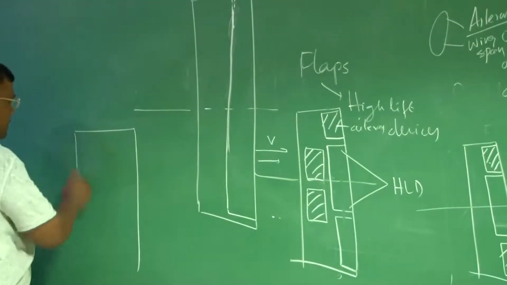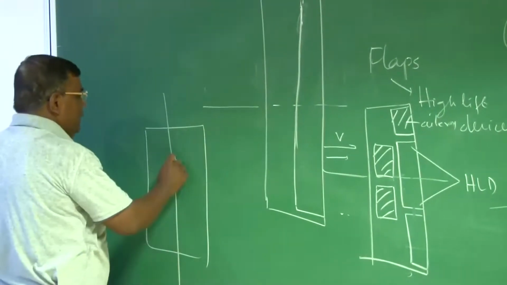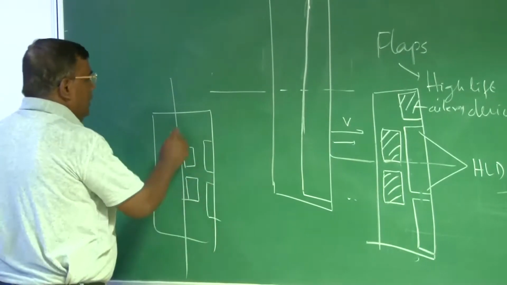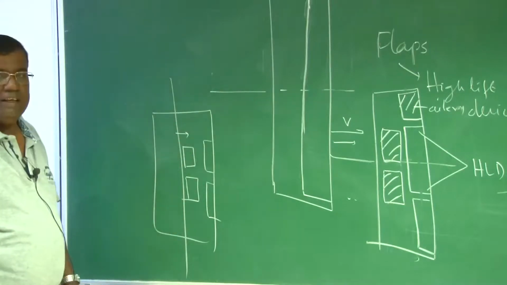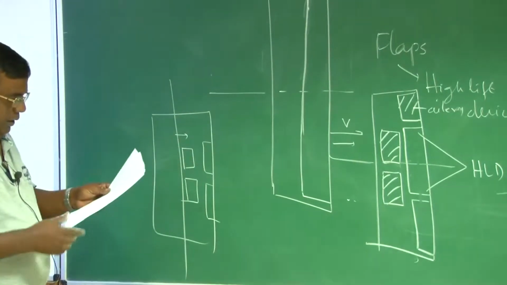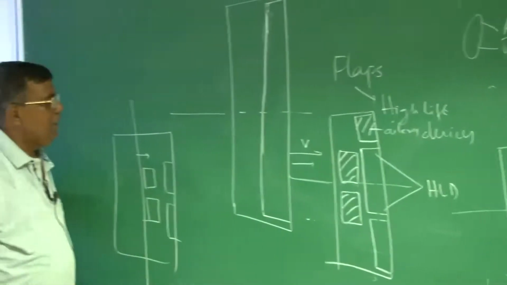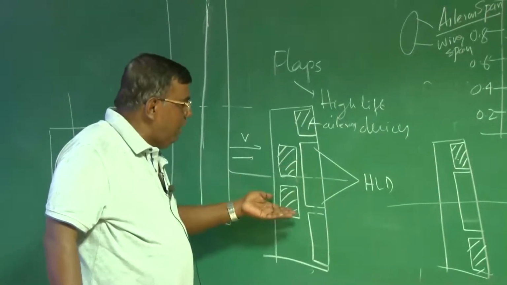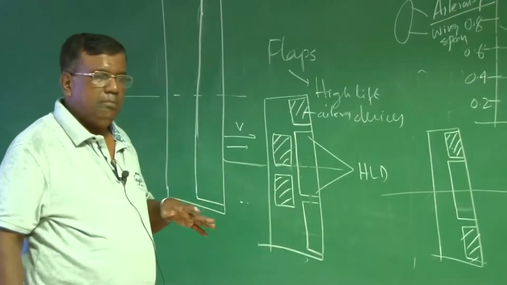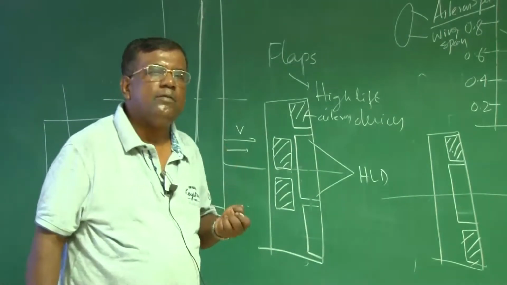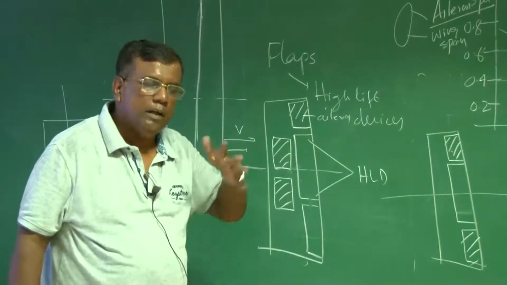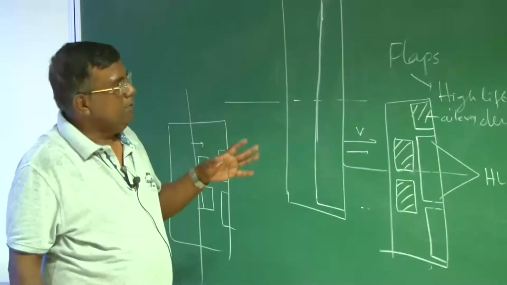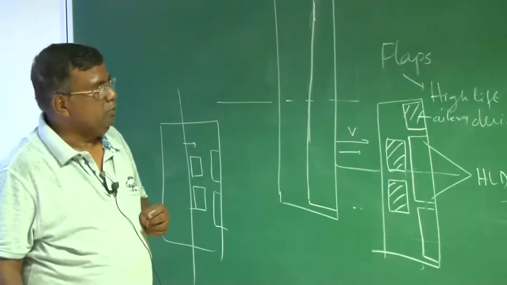So this is the wing, and this is the line of maximum thickness. The spoilers will be installed aft of the point of maximum thickness. All those details we will be talking about later. However, you must understand, since the physics behind spoilers giving a rolling moment is based on spoiling the lift, that effect is nonlinear. So these are for small corrections, right? One has to have a very good flight control system to manage it smoothly.